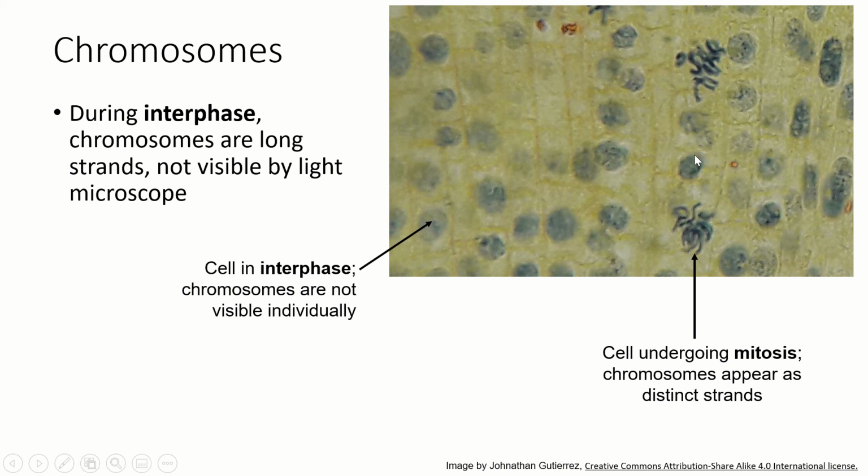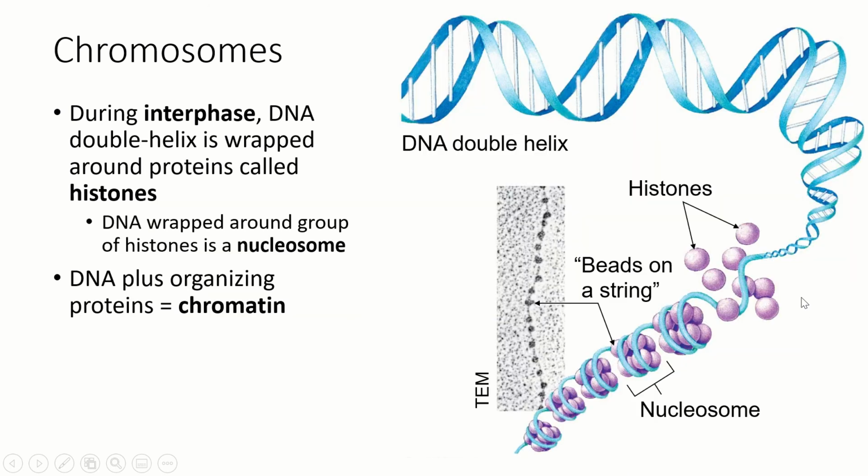At the beginning of mitosis, the chromosomes become visible, and we can see them as these little worm-like strands. That's how you know a cell is entering mitosis, okay? During interphase, the DNA, remember it's a double helix with a sugar phosphate backbone and base pairs between those backbones.